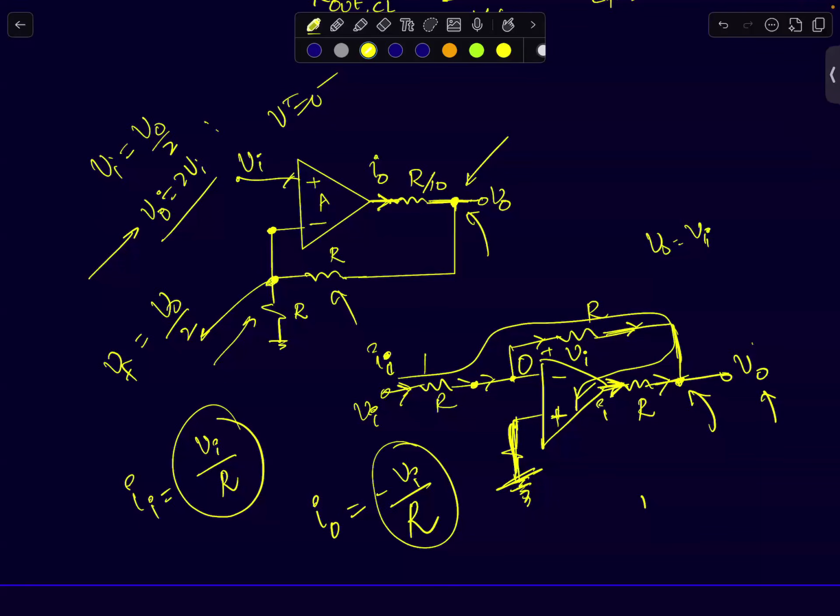And what is the output voltage of the op-amp? What is the voltage at the output of the op-amp? So this node voltage, yes. If this node voltage is minus Vi and you have a current that is flowing in this direction, the voltage at this point is going to be minus 2 Vi.